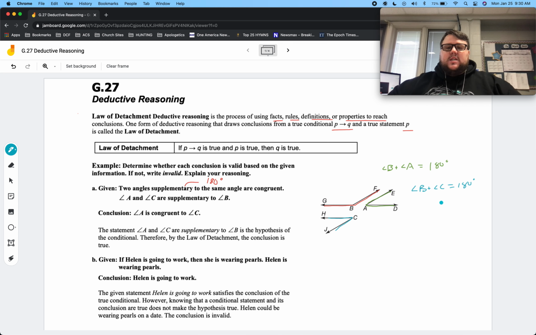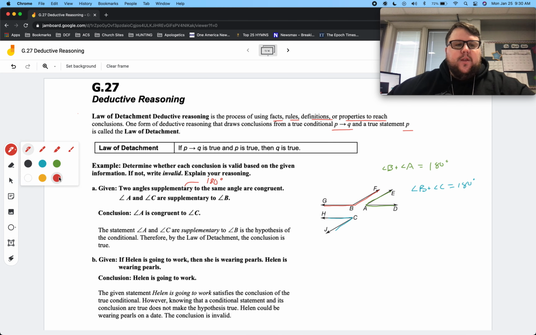So the conclusion is that angle A is congruent to angle C. If we look at this, let's cross out what we have in common in both of these equations. I have an angle B up here, I have an angle B here. I have 180 degrees here, 180 degrees here. The only thing left is angle A and angle C. And for both of those equations to work, angle A has to equal angle C, which is the definition of congruence.